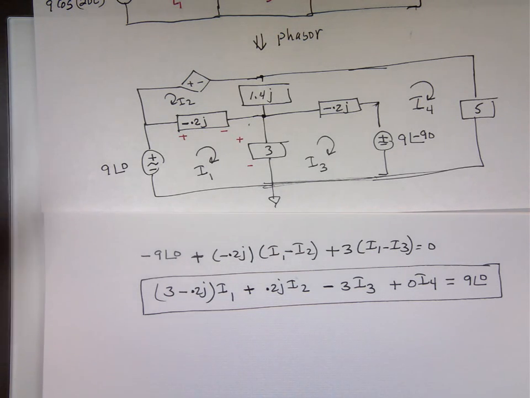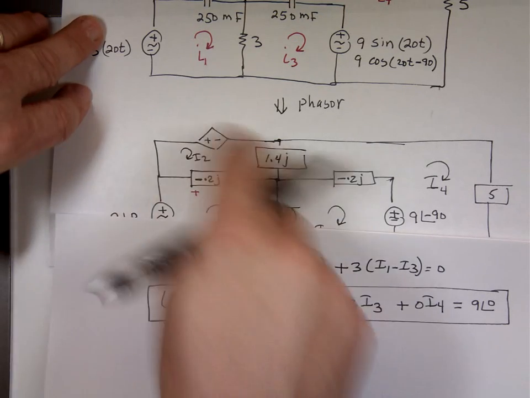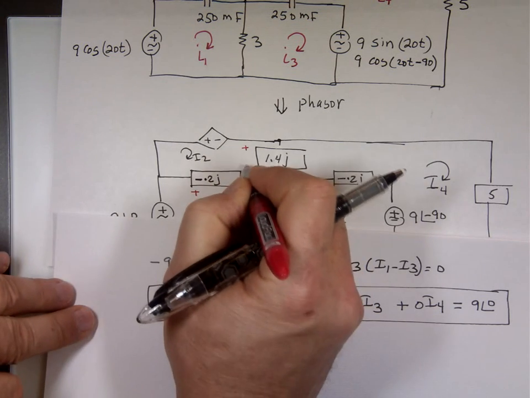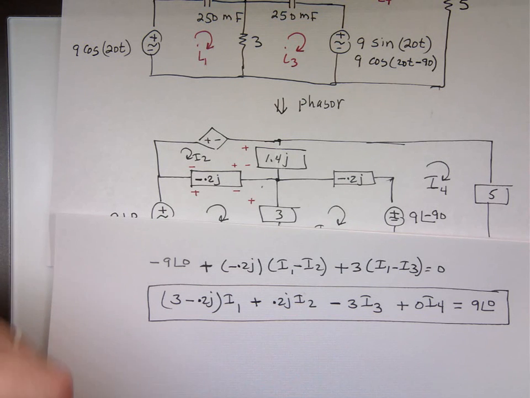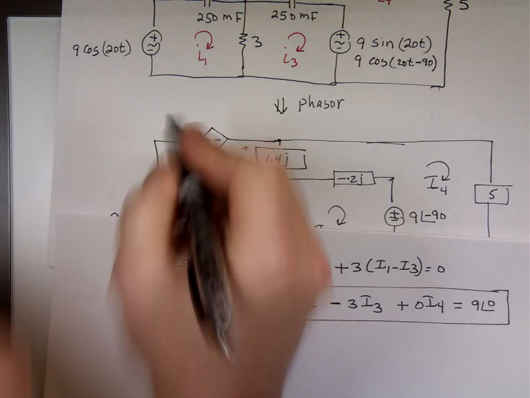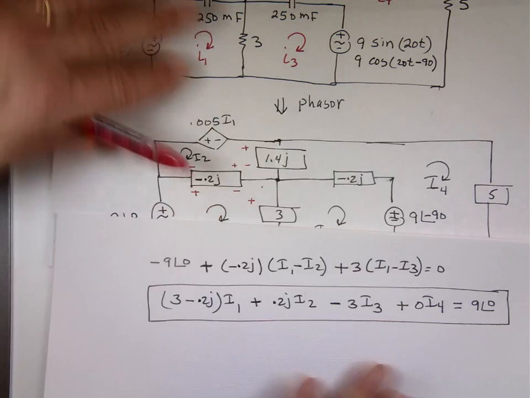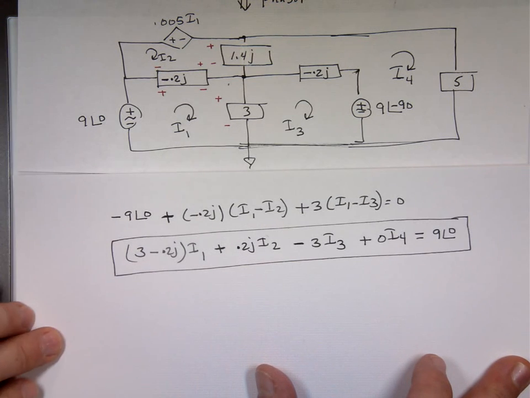Let's look at the top, I sub 2. I'm traveling clockwise, so I'm going to mark the source plus, minus. I forgot to write the value of the source on the top: 0.005 I sub 1.